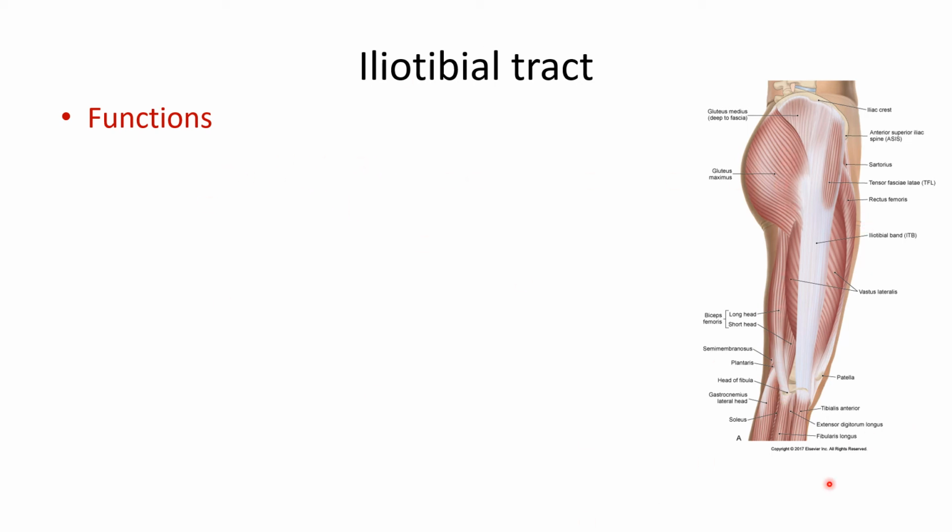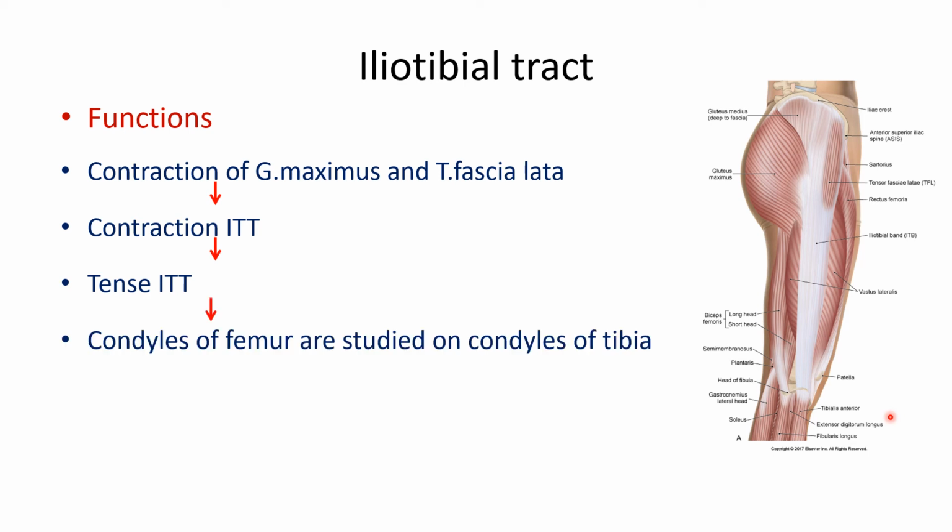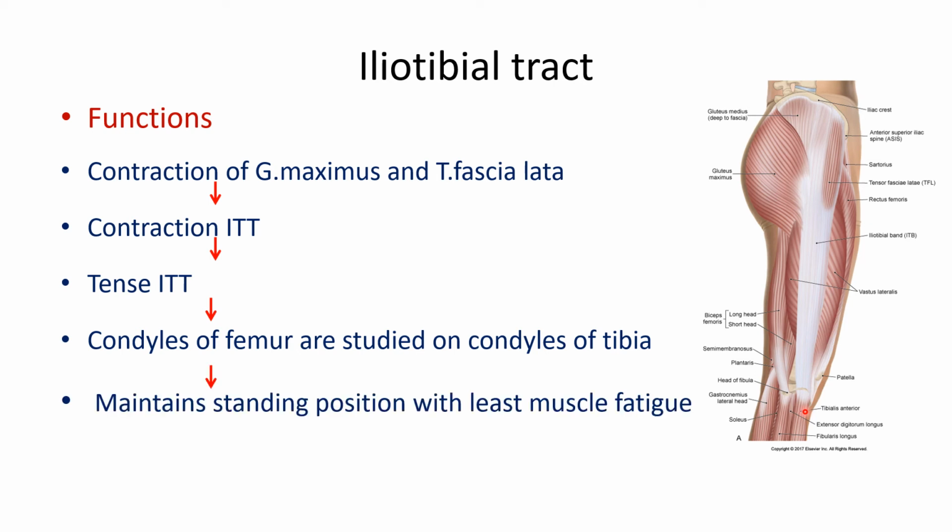So to review the functions of it, contraction of gluteus maximus and tensor fascia lata results in contraction of the iliotibial tract and makes the iliotibial tract tense, with the result the condyles of femur are steadied on condyles of tibia, and that maintains the standing position with least muscle fatigue.